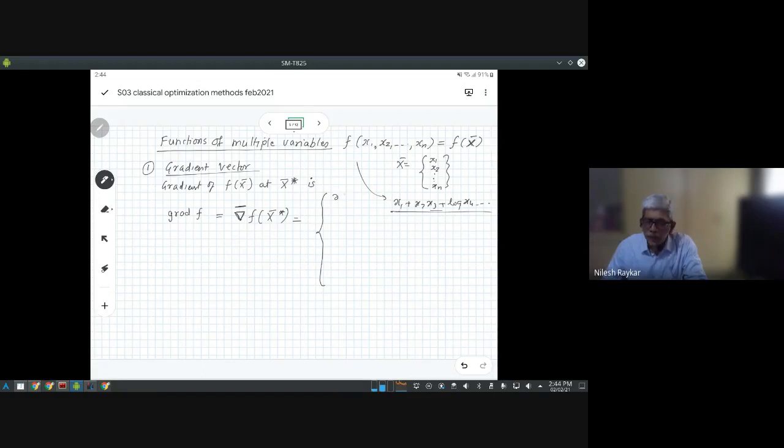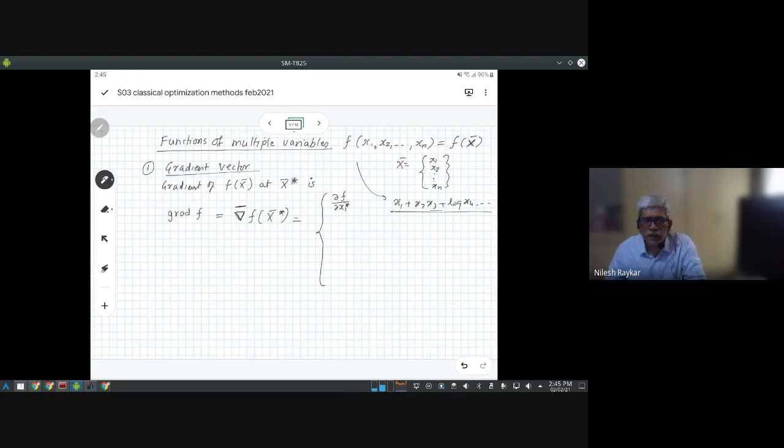The first term would be the partial derivative of that function with respect to x1. I would put here x1 star, meaning whichever location you are calculating the derivative at. So x1 star, x2 star up to xn star are the coordinates of the point at which you are calculating the gradient.